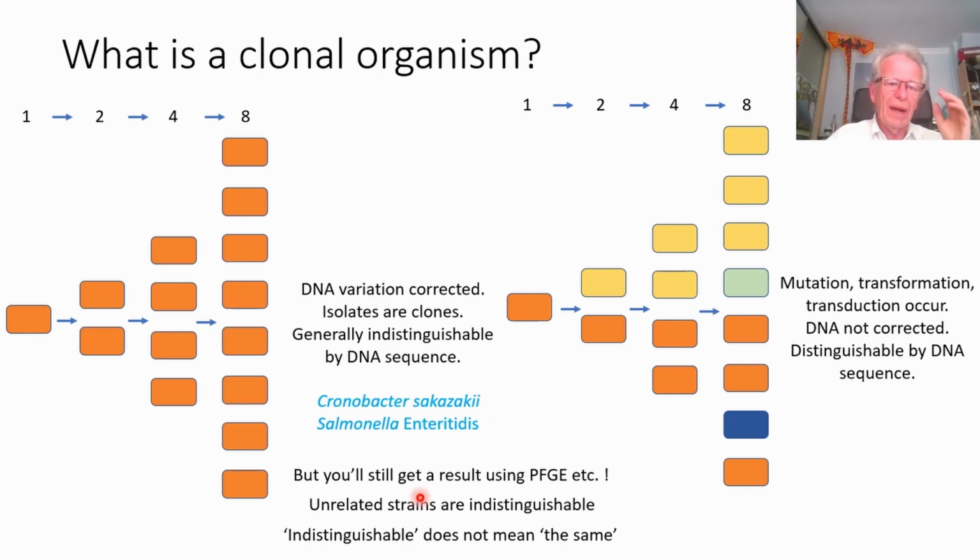And so what happens is that you're going to get the same pulsed-field band pattern, but those strains are unrelated. They're indistinguishable, but what's happened is maybe the DNA variation has been corrected very accurately, or it's not been allowed. And so you get this division of strains ending up in different countries, different decades, nearly indistinguishable. But they're not the same. They are unrelated.